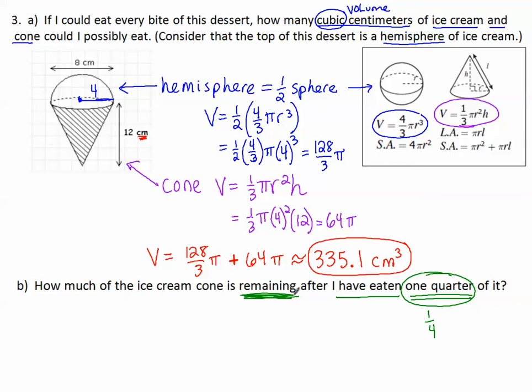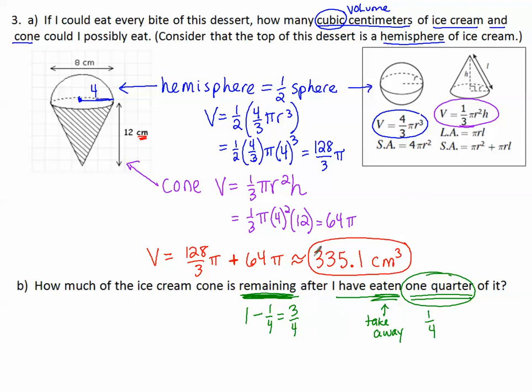So remaining, we often think of subtracting. Well, if I have one ice cream cone and I've eaten, think of take away 1/4. 1 minus 1/4 is 3/4. So 3/4 of the ice cream cone is remaining.